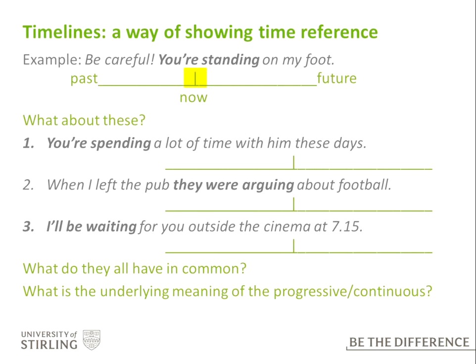If you said, be careful, you're standing on my foot, you're standing on my foot starts just before now and continues just after the person speaks. So I've highlighted that little section. So how would you draw these ones? And then think about what do they all have in common, and therefore what's the underlying meaning of the progressive or continuous.